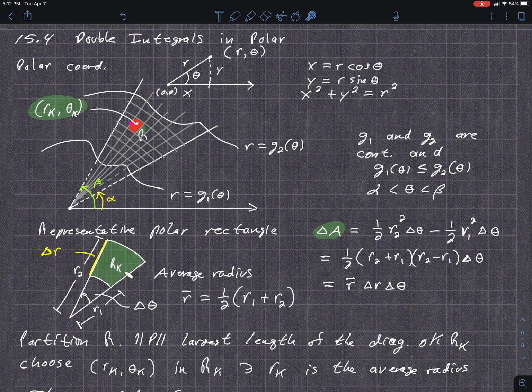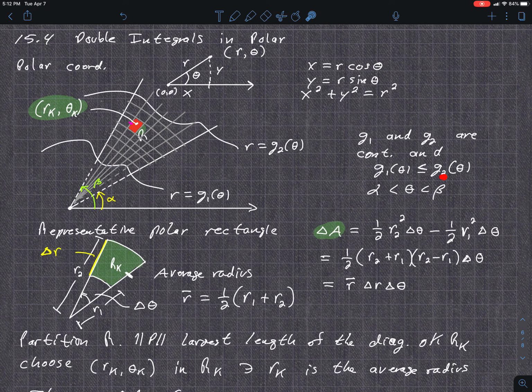So what we do is we take two functions. Start writing this down if you haven't already. Draw a polar axis, and then you have a lower function like this, r is g1 of theta, so r with respect to theta. And then you have another function like this, r with respect to theta, which you call g2.